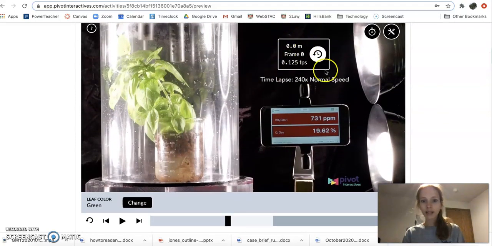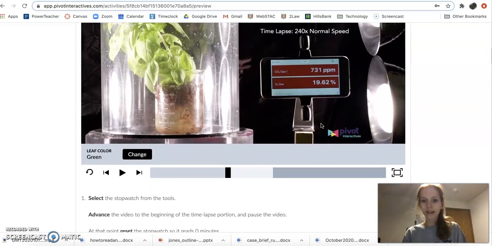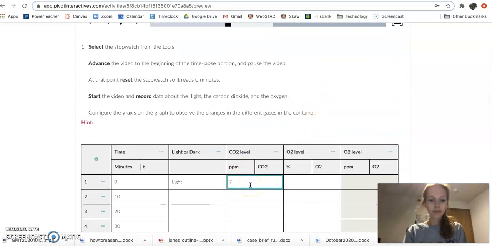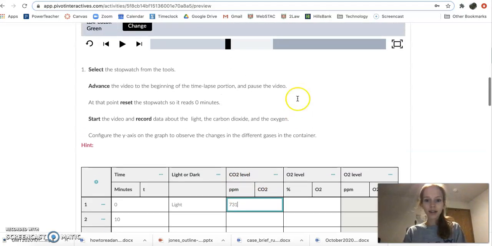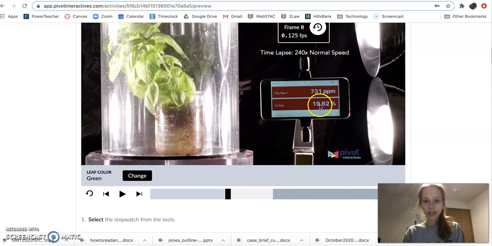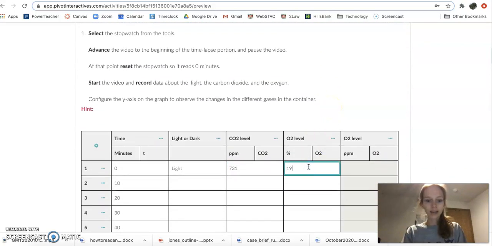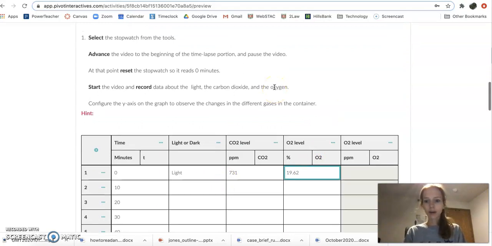At 0 minutes on my stopwatch, not down here on the video, but on my stopwatch, I've got CO2 level, gas 1, is 731 ppm. My units are built in here. So now I need my O2 level. My O2 is 19.62%. I'm typing it. Boom. Okay. Data point 1 collected.